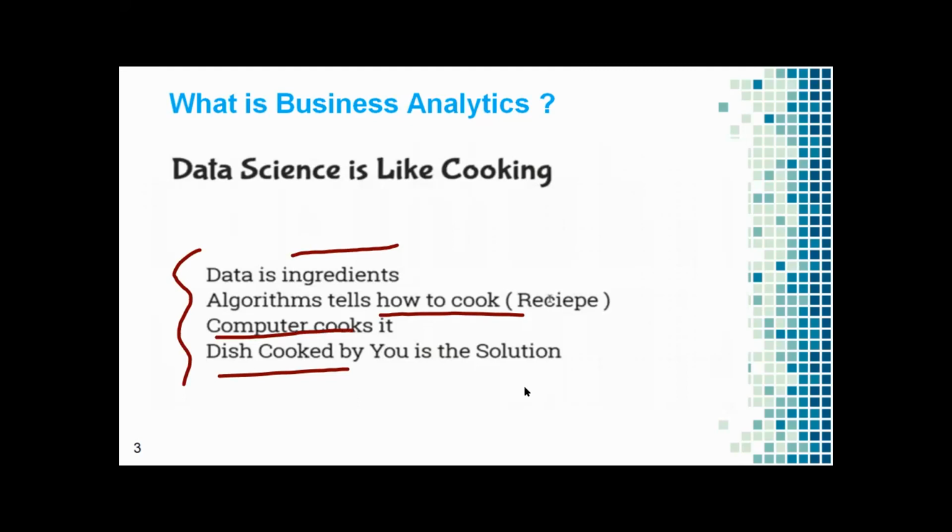Here we have data, algorithms, then computer, and then solution. These are compared with the parts of cooking. That's why you can say analytics is like cooking.